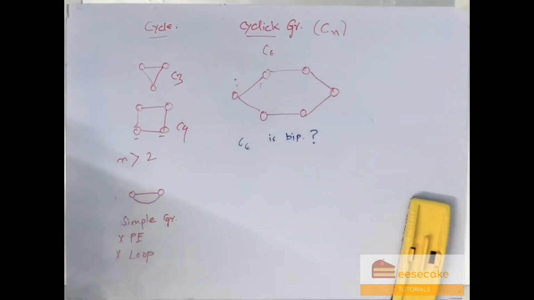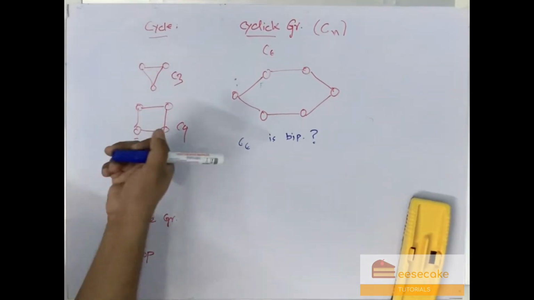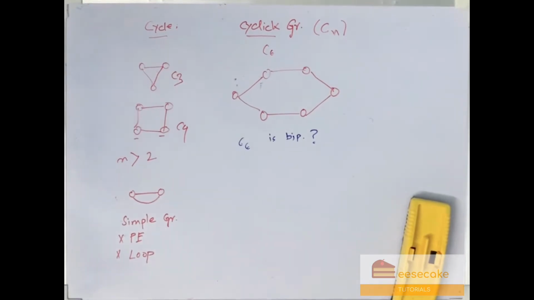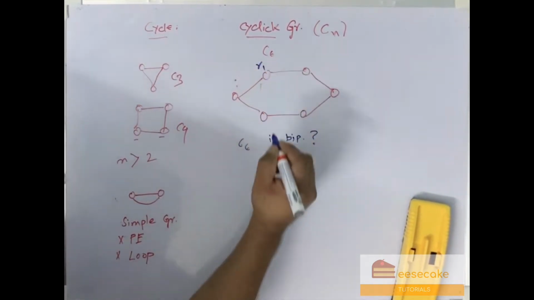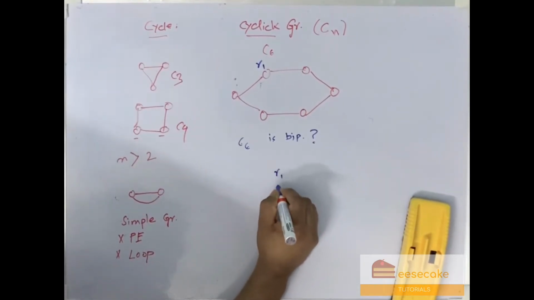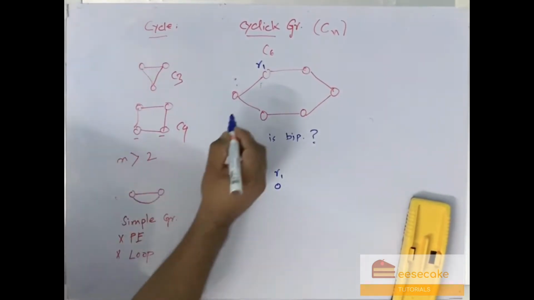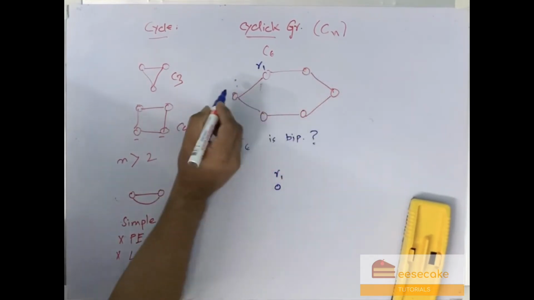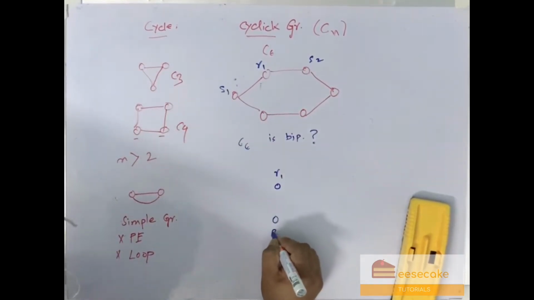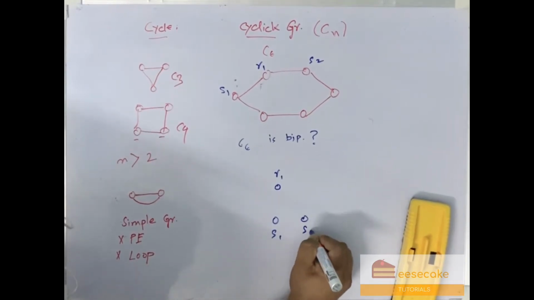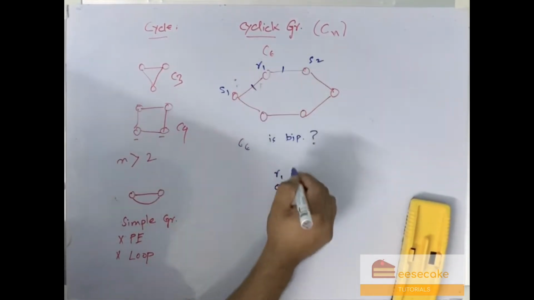So in the earlier lessons we learned about bipartite graphs. Now I have to say whether this C6 is bipartite or not. Let's determine. So say this is R1, and R1 over here is connected to this and this, so these have to be S1, S2, and these two edges.